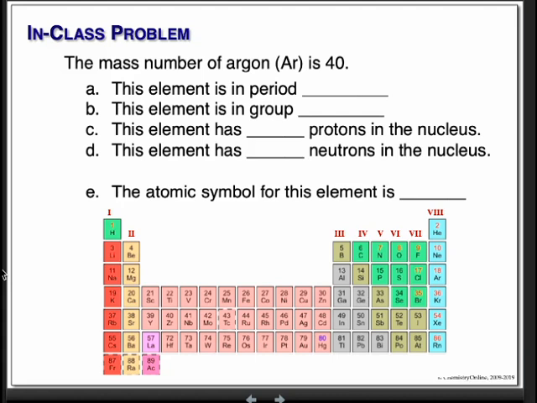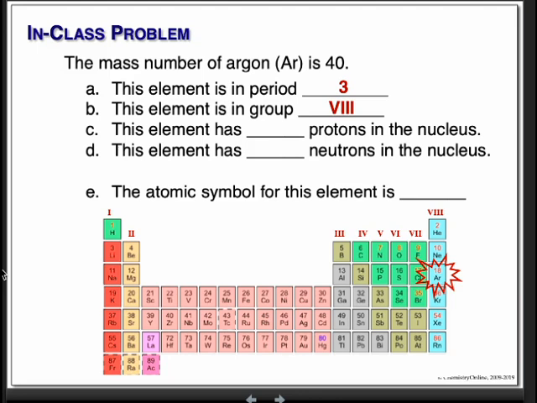Well, argon. Argon lives right here. If we could see it, we could see that its atomic number is 18. So, what period? It's the third period, isn't it? What group? Group 8.